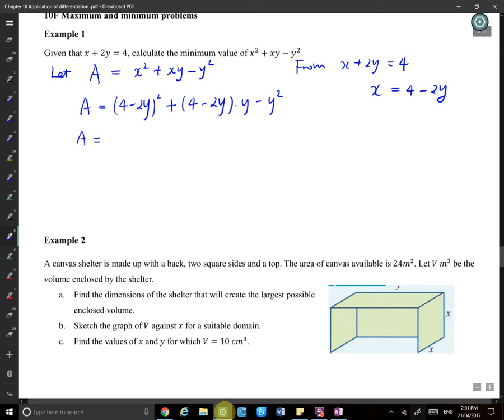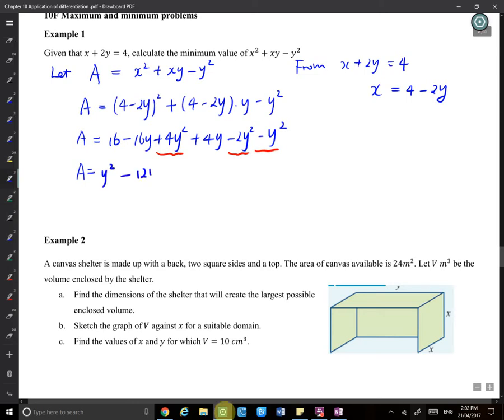That gives A equals 16 minus 16y plus 4y squared plus 4y minus 2y squared minus another y squared. So A will equal y squared minus 12y plus 16.